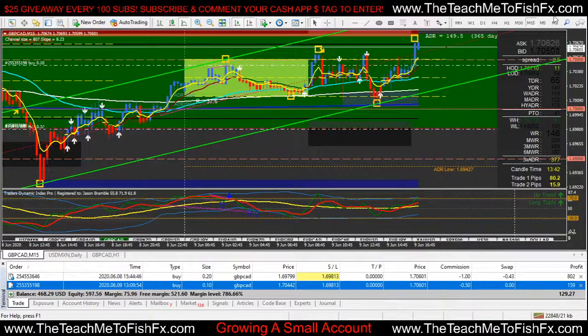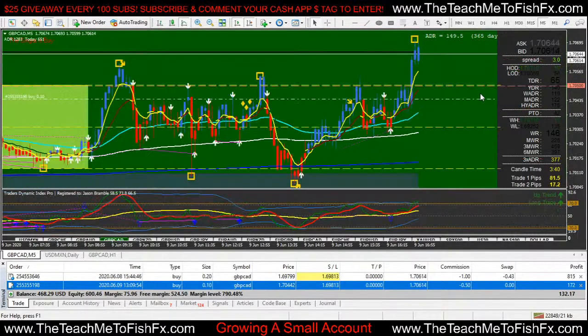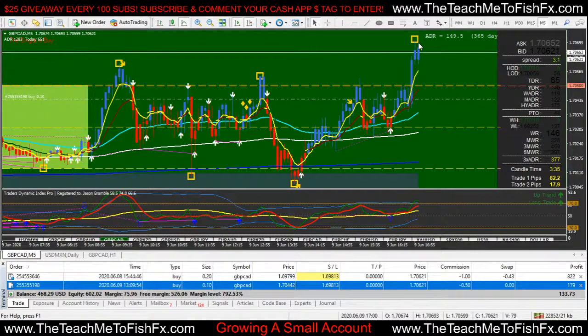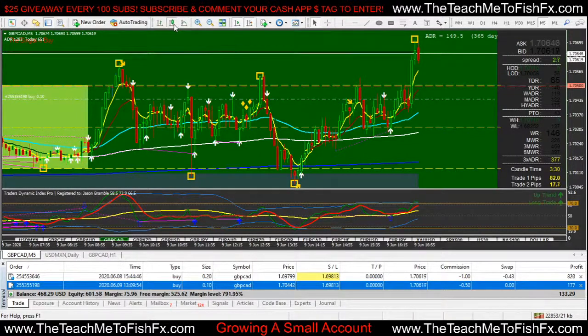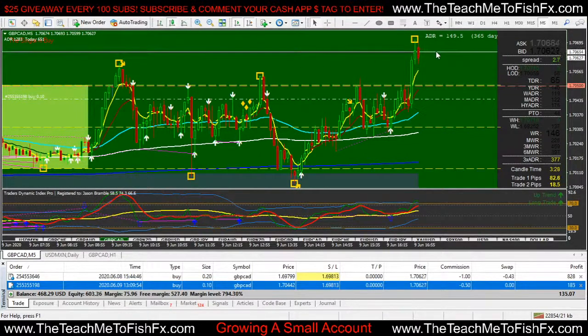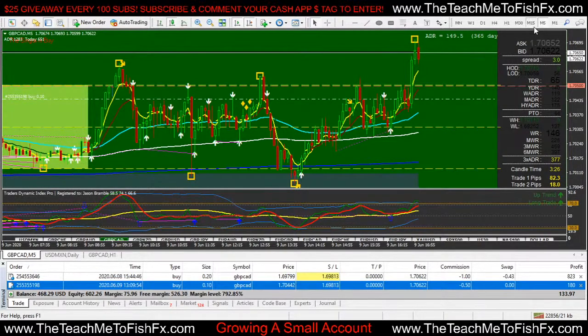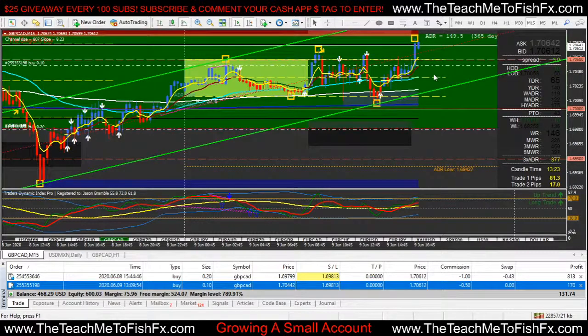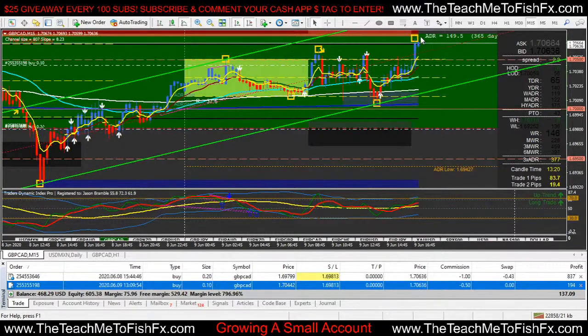So let's say we enter this trade on the 5 minute, and we entered down here, and then we finally got this exhaustion square telling us the market could possibly be getting ready to turn around. Before I get out on this 5 minute trade, I will go up to the 15 minute and see if the 15 minute also has an exhaustion square, and it does here.